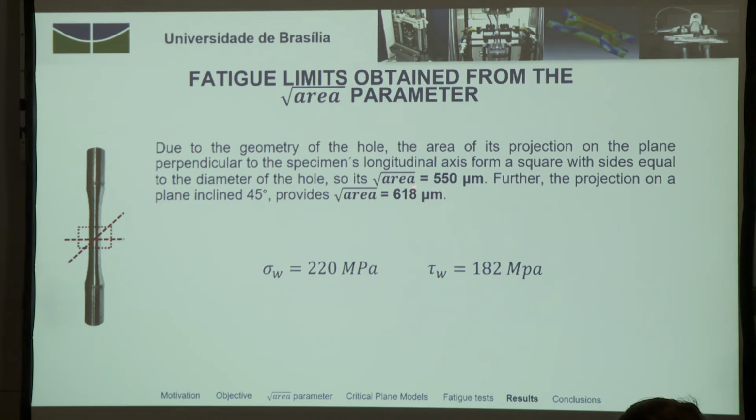The square root of area for the defect produced was 550 in the longitudinal direction, perpendicular to the axis of the specimens, and the square root of the projection of the area of the defect at 45 degrees, which means the plane perpendicular to the principal stress in torsional loading, was 1618 micrometers.